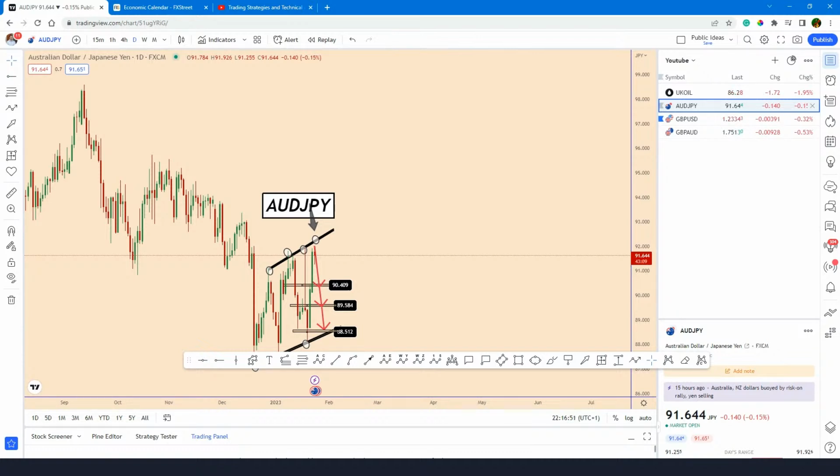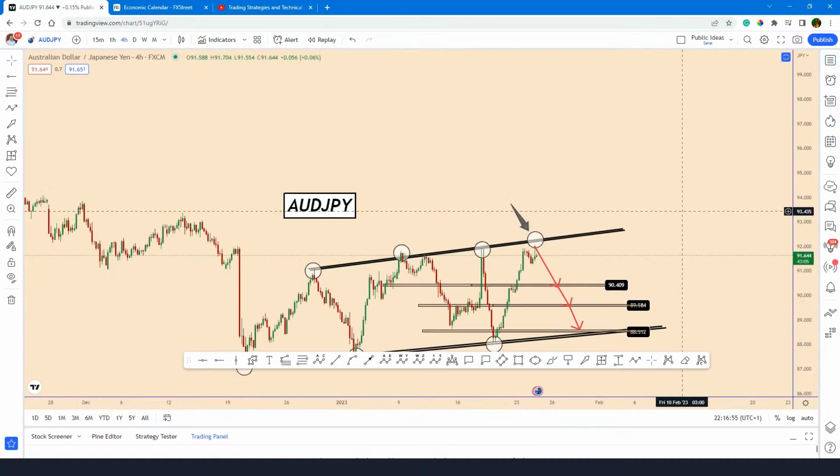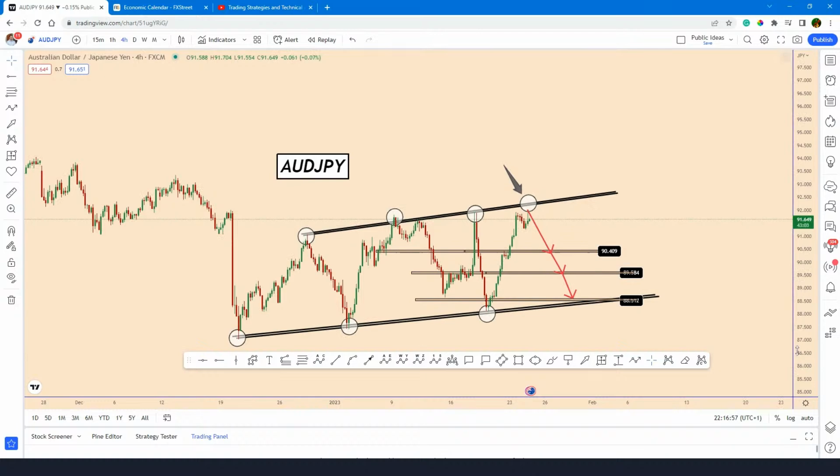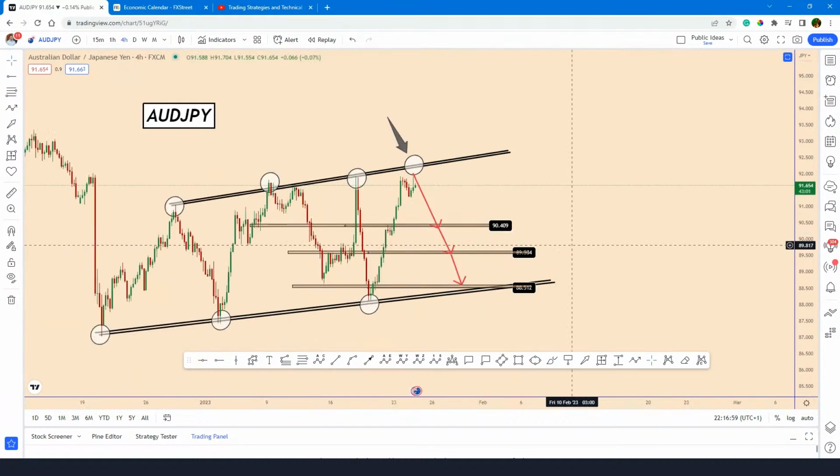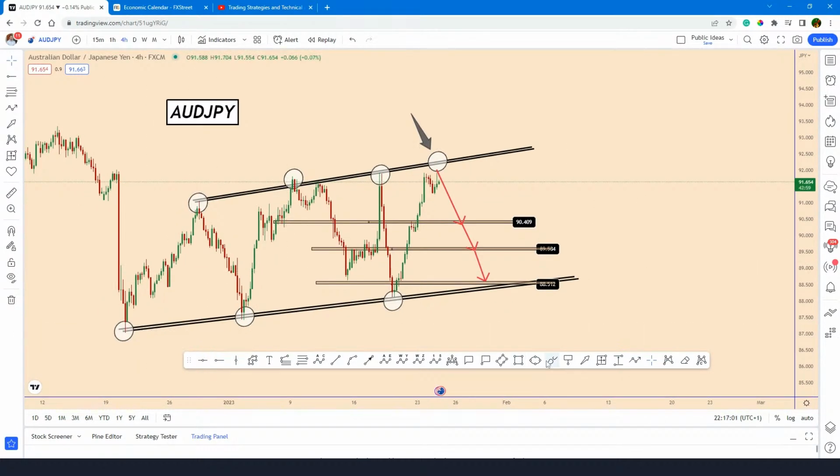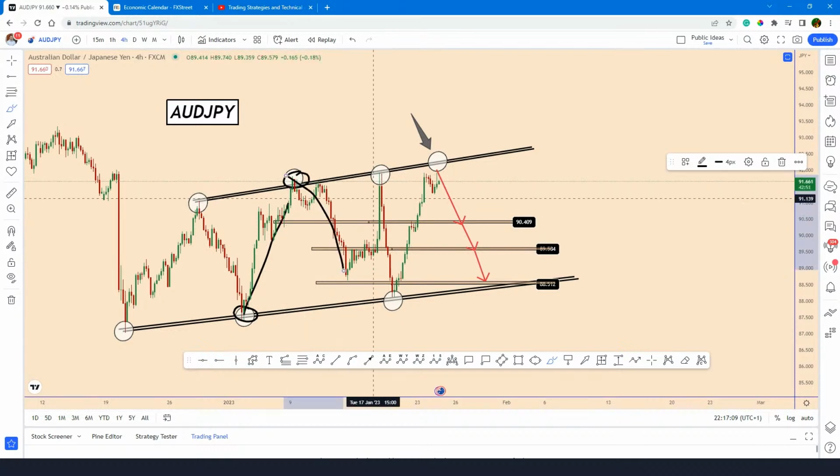I really like how the price is developing on this structure, but we have to be very careful. This is the structure that I'm looking at. It was very interesting because price increased and decreased all the time that it reached the top. Look at the tops.